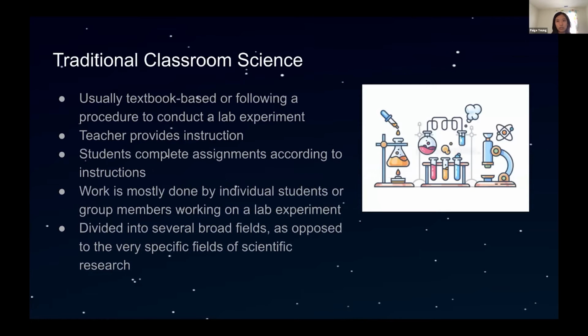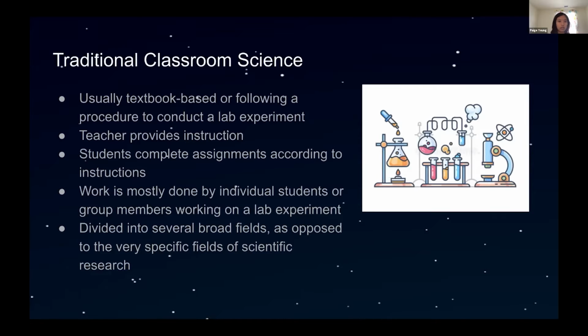Traditional classroom science is usually textbook-based, and students usually follow set procedures to conduct lab experiments and complete assignments. We can look at the teacher-student roles where teachers provide instruction and students complete assignments according to those instructions. Work is mostly done by individual students or group members working on short-term lab experiments.